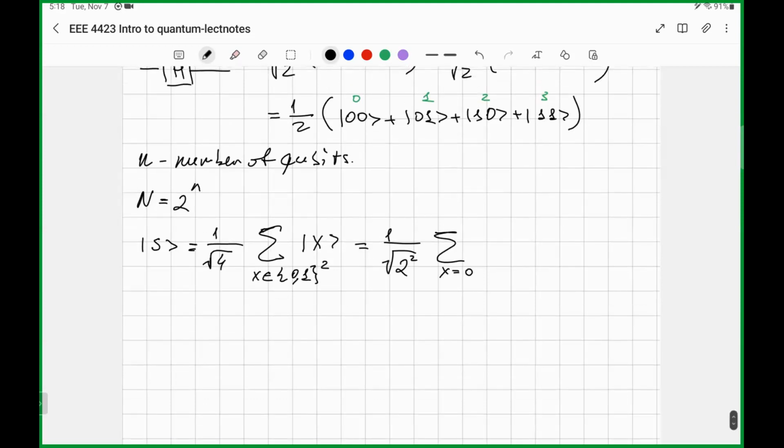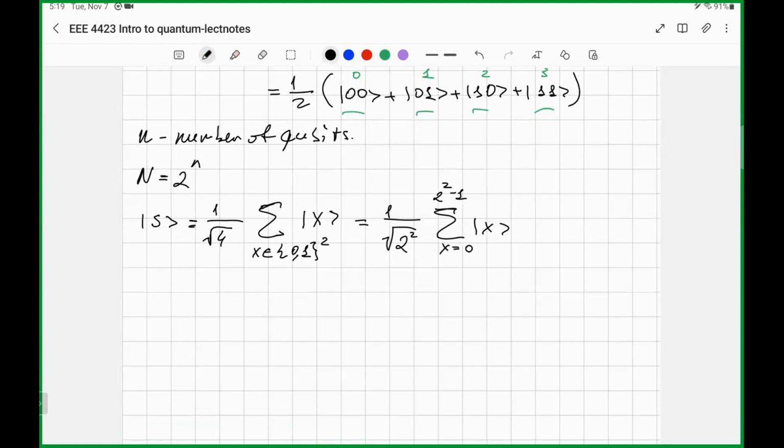So in this case, my x state is numbered from 0 to 3. And 3 is 2 to the power of 2 minus 1, or 4 minus 1 states, and I enumerate them by x. So in this form, x is state 0, state 1, state 2, state 3.